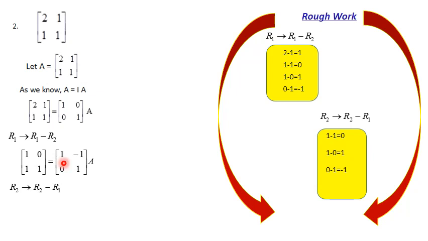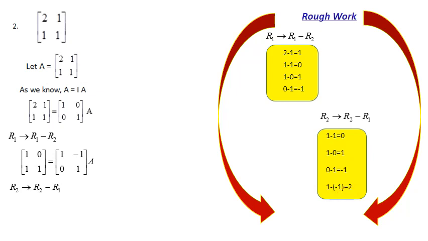Next, R2 is 0, minus R1 is 1. 0 minus 1 is equal to minus 1. Next we have to move on to the last element, that is 1 minus minus 1. R2 is 1, R1 is minus 1. 1 minus minus 1 is equal to 2.